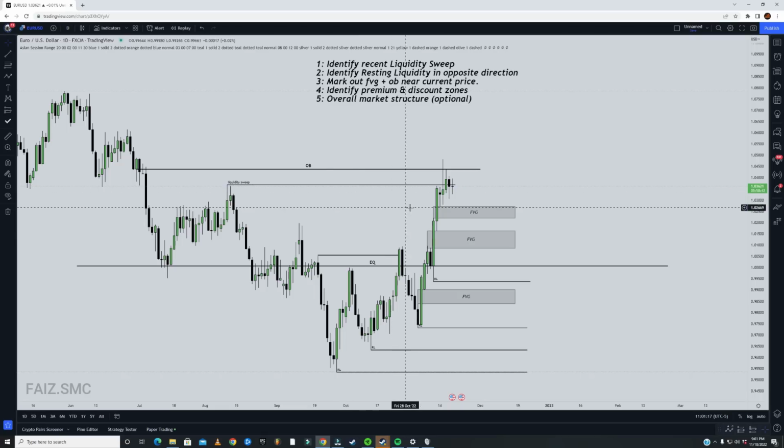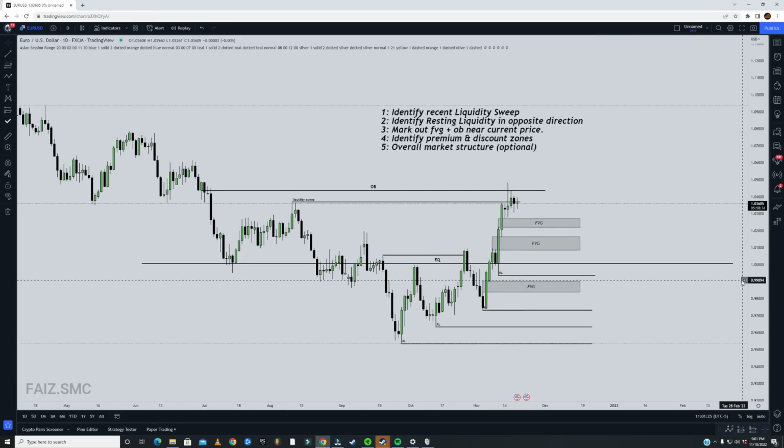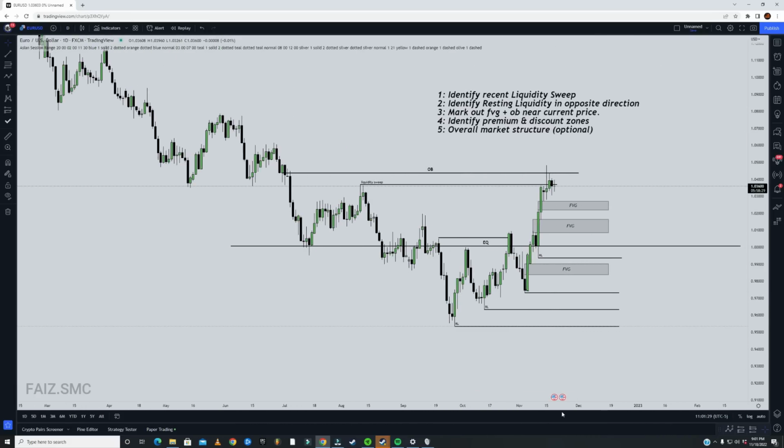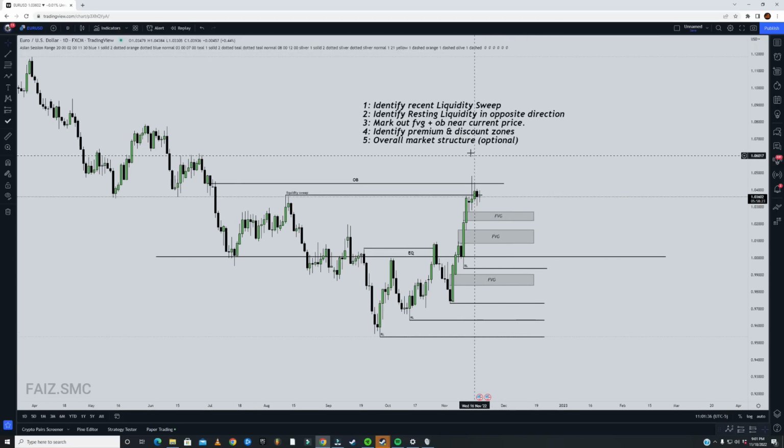And if price is in a premium zone, you can look for shorts. So I really hope this clears up how you can identify your daily bias. These 4 simple rules are going to help you tremendously.